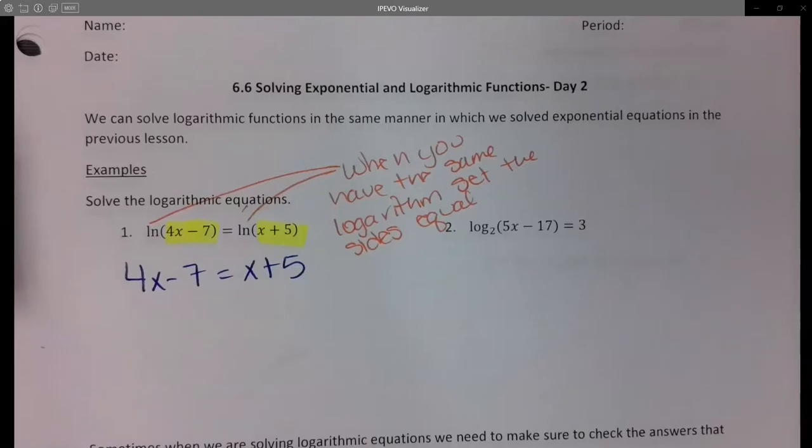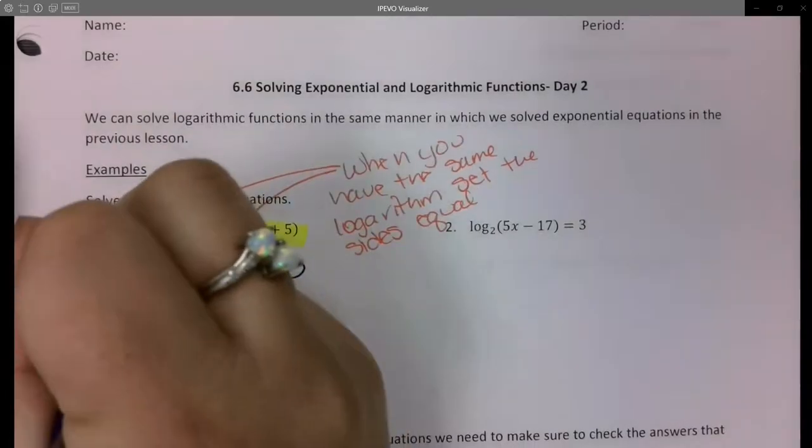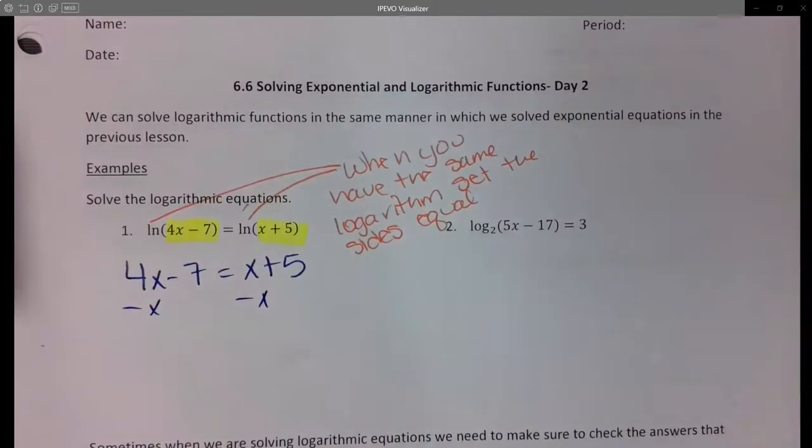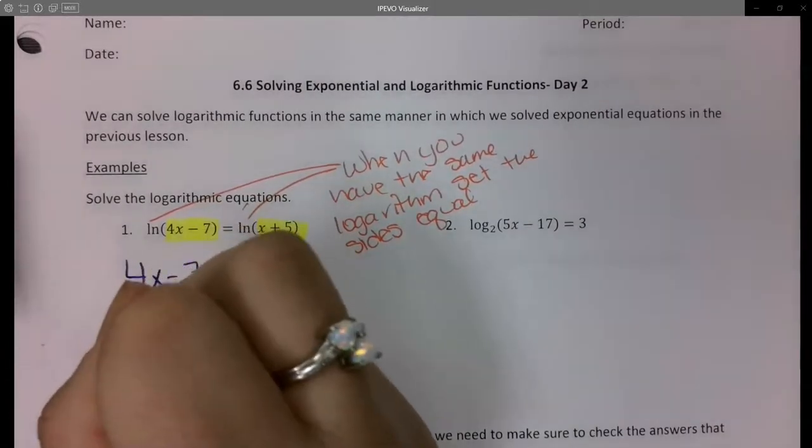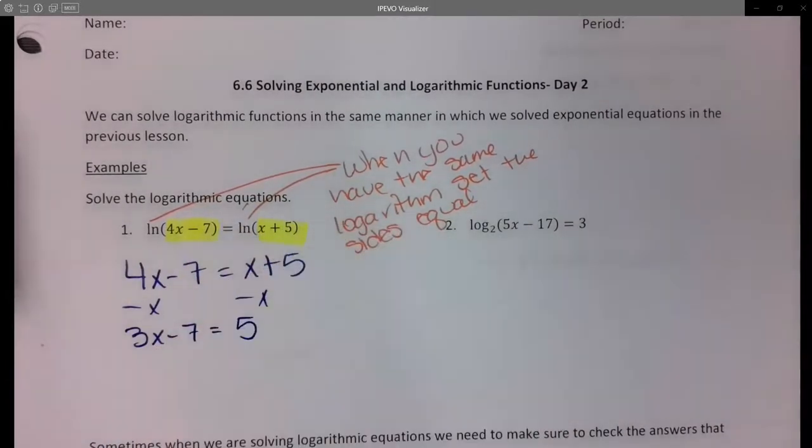Okay. So then I want to solve this just like a normal algebra problem. I'm going to subtract x on both sides. That's going to get me 3x minus 7 equals 5.